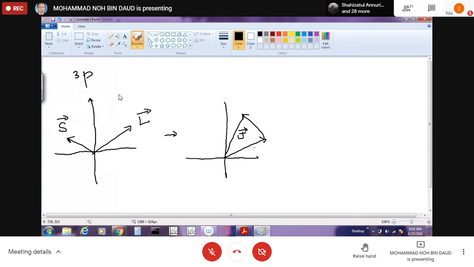The total orbital angular momentum couples with the total spin angular momentum vector to get this total angular momentum vector. Now let's say this total J lies on this z-axis.